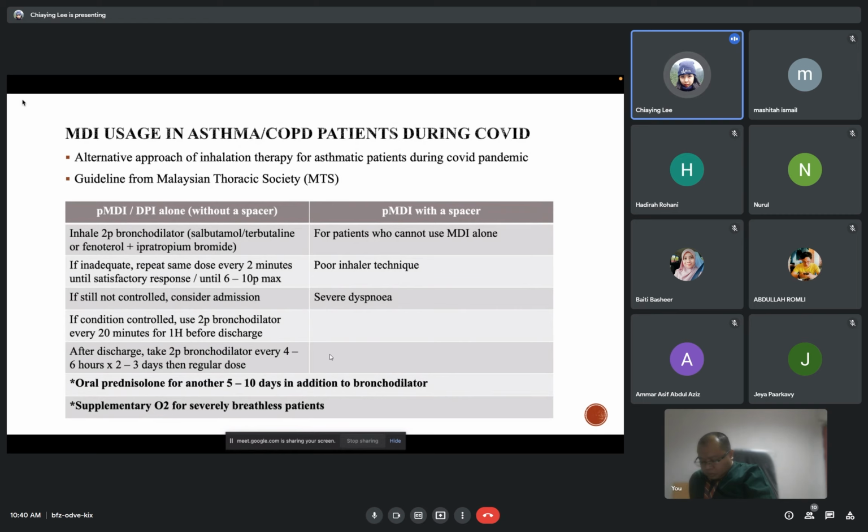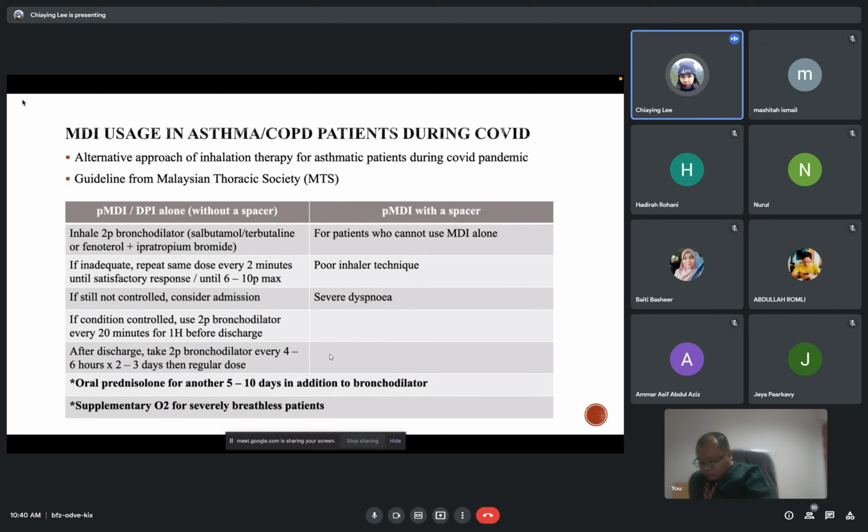If it's controlled, we ask the patient to use 2 puffs of bronchodilator every 20 minutes for 1 hour, and after discharge, we tell them to take another 2 puffs of bronchodilator every 4 to 6 hours for 2 to 3 days, and then follow their regular dose.